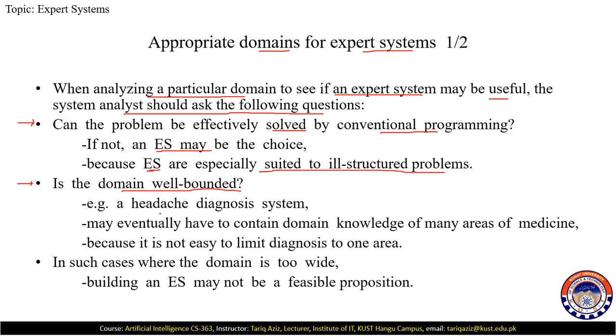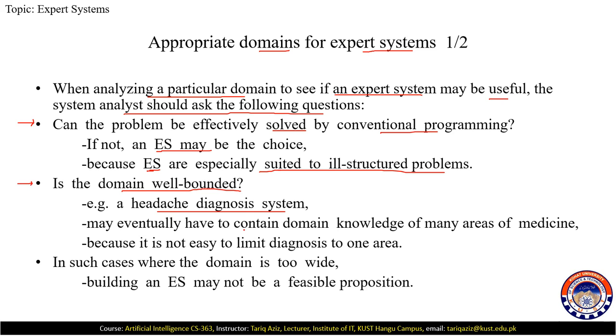So, for example, the headache diagnosis system. This domain is not well bounded. We cannot develop an expert system for a headache diagnosis system. Let's say you want to develop an expert system which will be capable of identifying the headache symptoms. Okay.